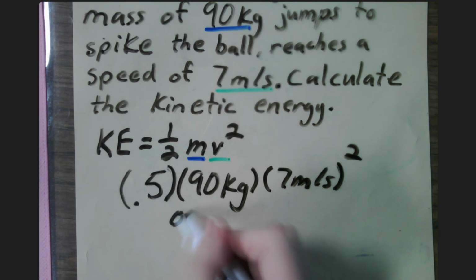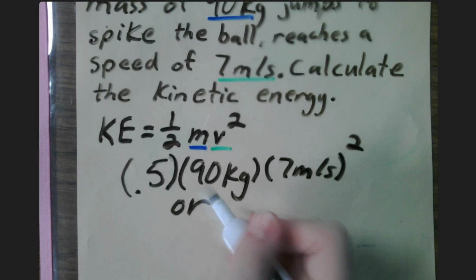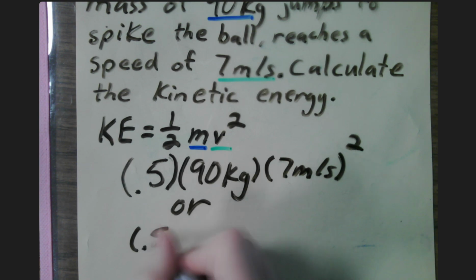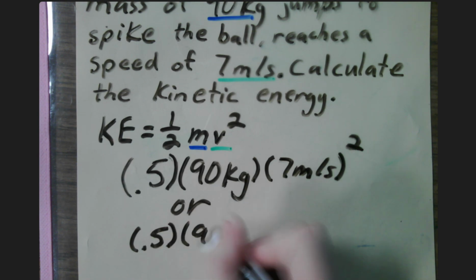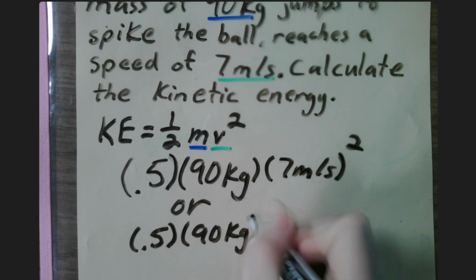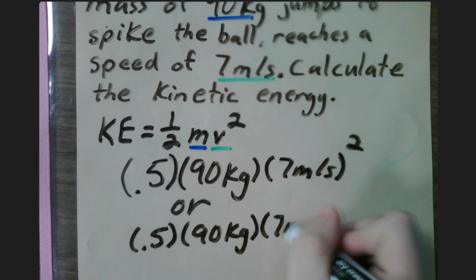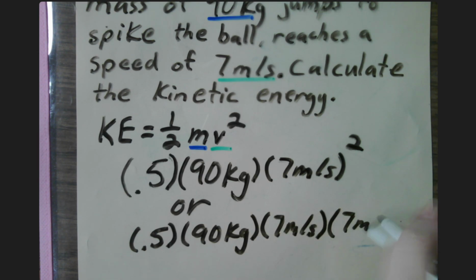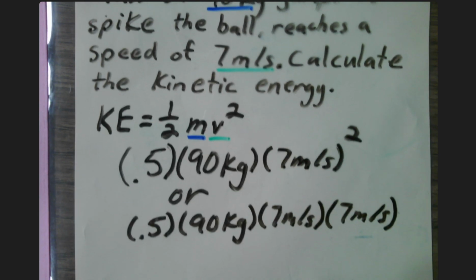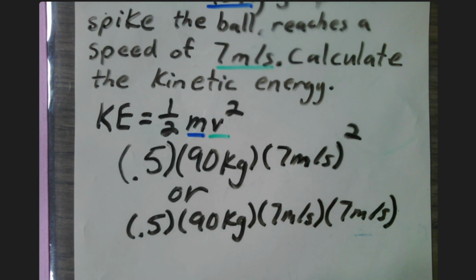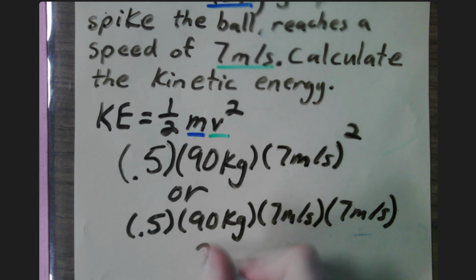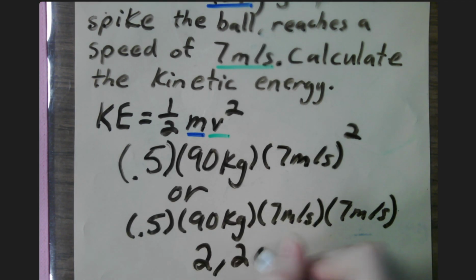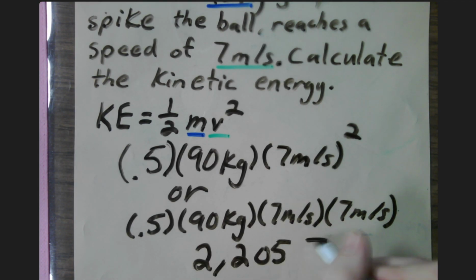Or we can do it this way. 0.5 times 90 kilograms times 7 meters per second times 7 meters per second. It is the same thing. When we multiply all of that together, we get 2,205 joules for kinetic energy.